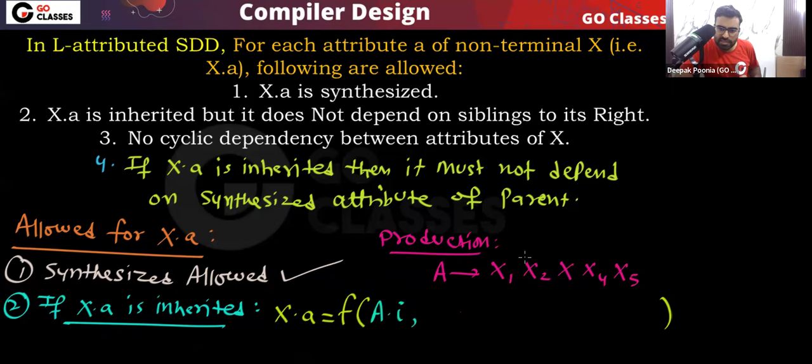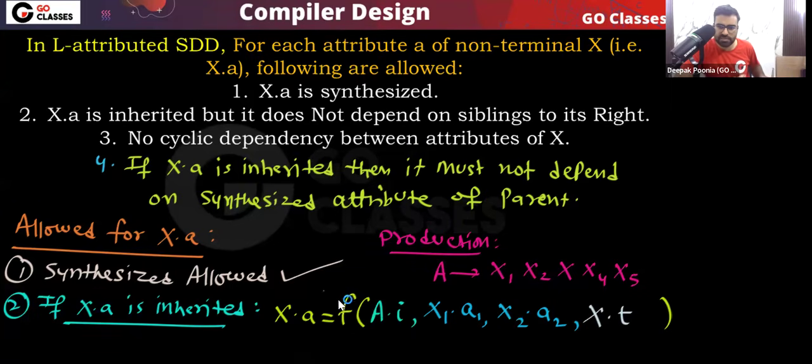And this can depend on any attribute, synthesized or inherited, of its left siblings. Also remember, it can depend on any attribute of itself. Is this clear?